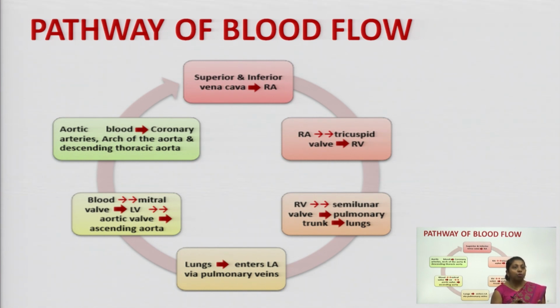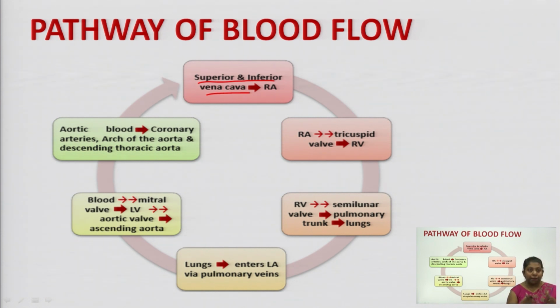So we can go through the blood flow as the first point, that is superior and inferior vena cava. What are the superior and inferior vena cava doing? These are the largest veins in our body. They are taking up the blood from our body, that is throughout your tissues.